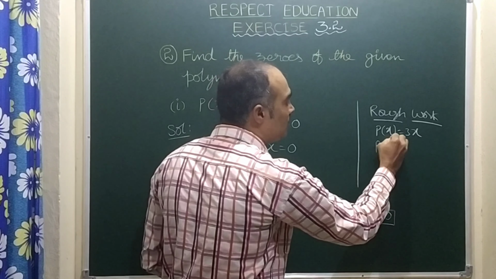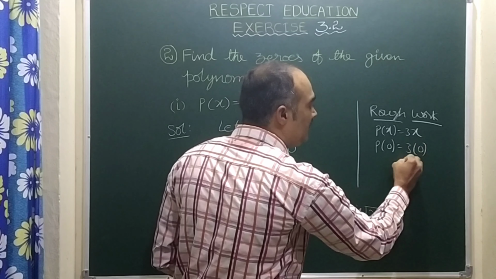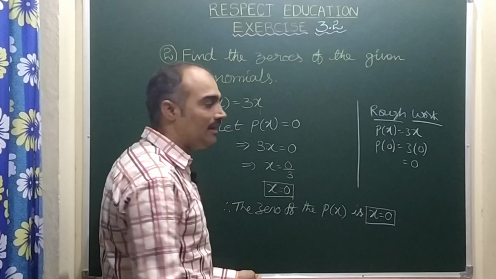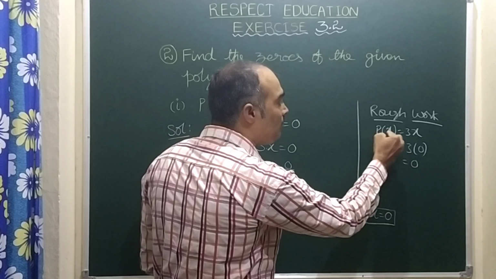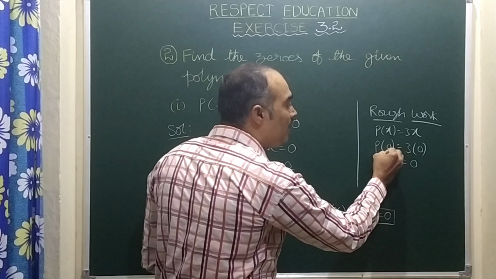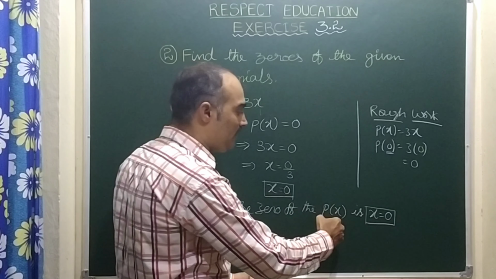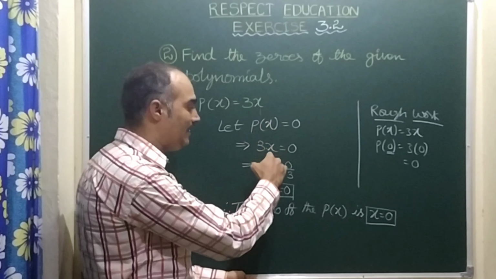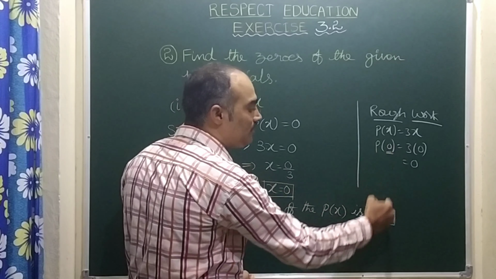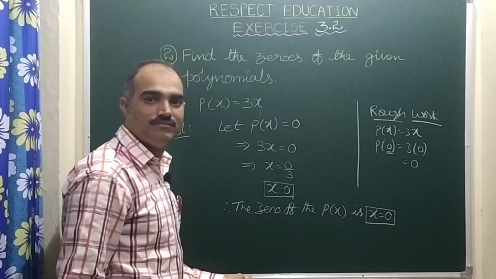Then p of 0 is 3 into 0, and 3 into 0 is 0. That means 0 makes the given polynomial 0. That is the reason, children, the 0 of the given polynomial 3x is x equal to 0, right?